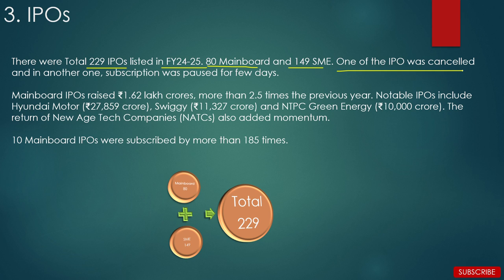One of the IPOs was cancelled, I think that was of Traffic Soul, and in another one the subscription was paused for a few days. I think this is for C2C. There were some issues which SEBI found, and they paused the subscription in this IPO, and they even gave investors a chance to pull out their application if they wanted.